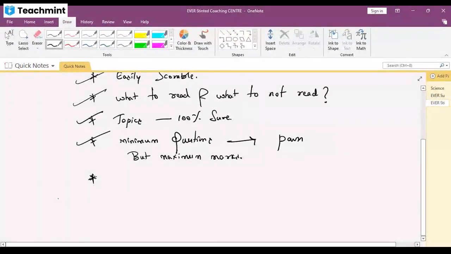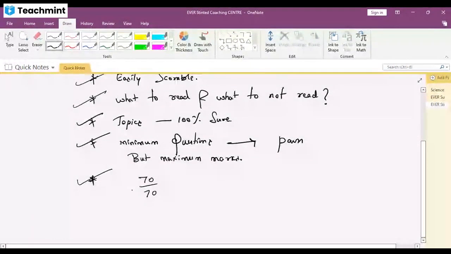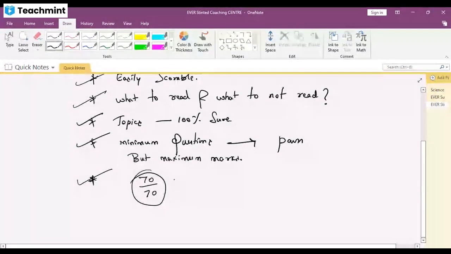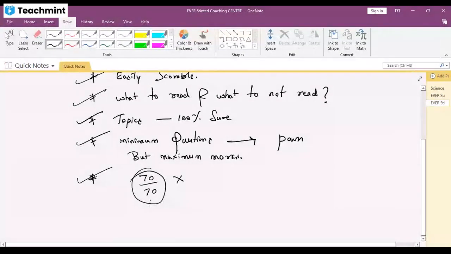Now the question starts: sir, can I study my complete notes so that I can score 70 out of 70? If I study my class notes, can I score 70 out of 70? 100% no. The reason, I'll let you know in our next classes.